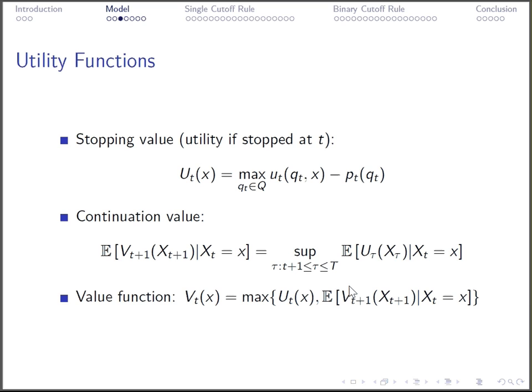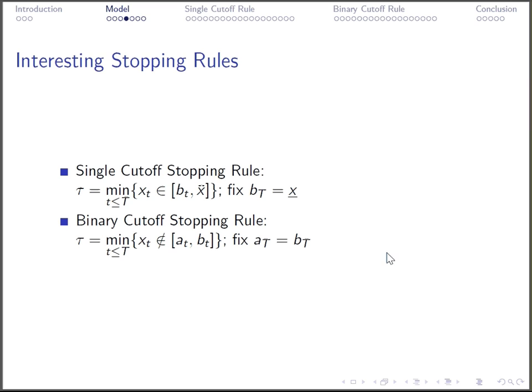So the value function is the max between the stopping value and the value if we continue to the next time, so it's the expected value from the next time's value function, which we call the continuation value. Basically, we can rewrite the continuation value here as the sup of all the future expected utility. But let me show you the diagram, which makes it a lot more clear.